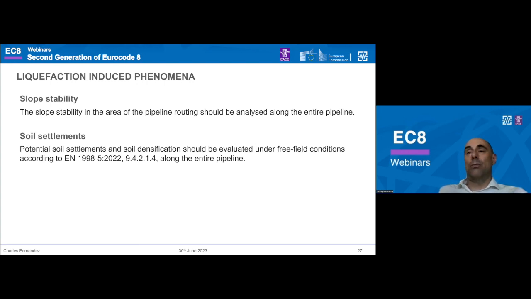So that's what should be investigated, but it is not part of this code, because for slope stability there are approaches that can be used with holding forces along different circles of instability. And the last point are soil settlements, but these are really local effects, and we have to investigate them on a really local level. And so there are no general concepts. Again, we can make use of the simple beam model that I showed before.